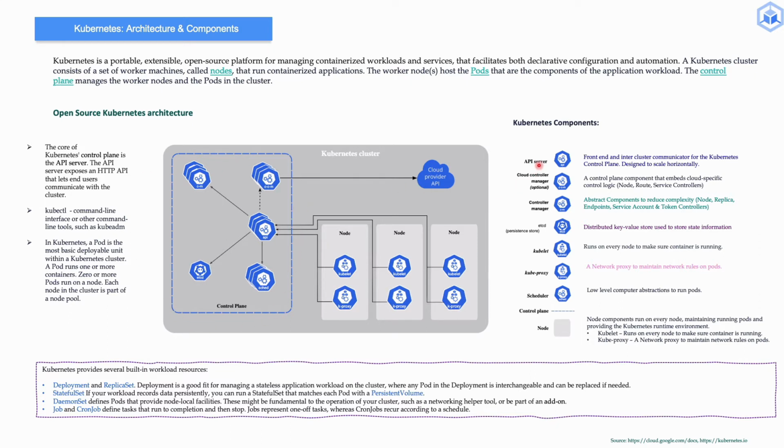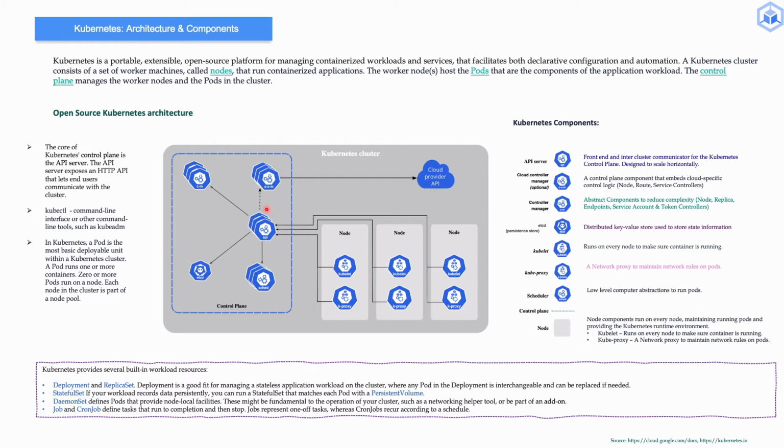Now, let's go through each one of these components. If we first look at the control plane, the front of the control plane is the API server. It gives you the front end and the inter-cluster communicator.